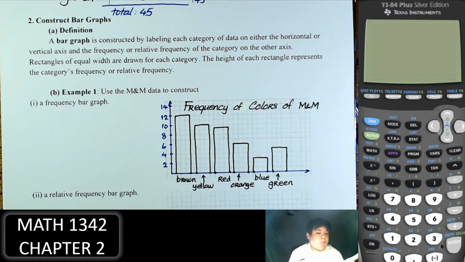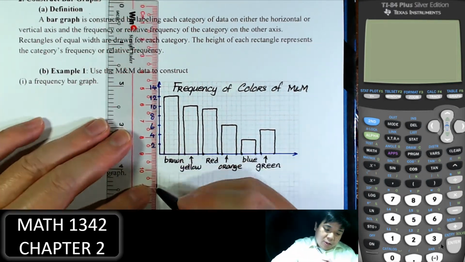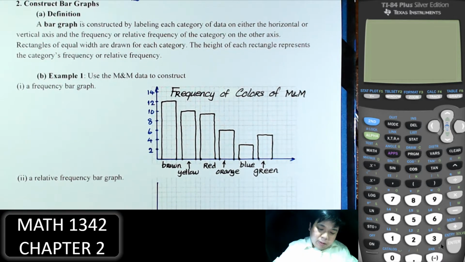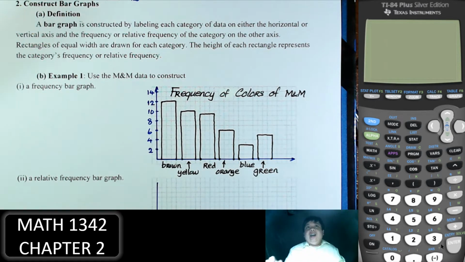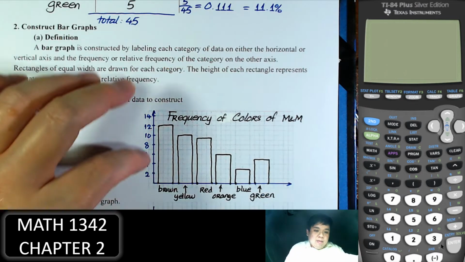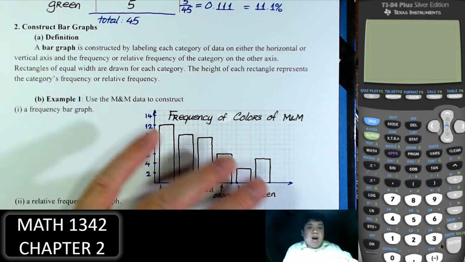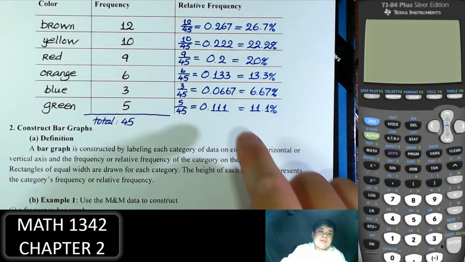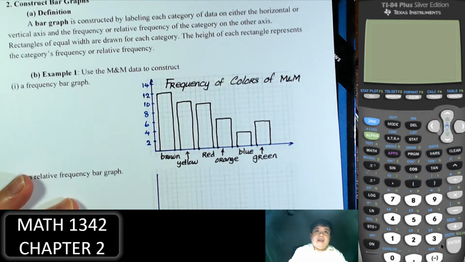Next we will use pretty much the same thing, but for the relative frequency bar graph. The nice thing about this is the height of those bars will be exactly the same for the frequency and the relative frequency, which is labeled differently on the left hand side.